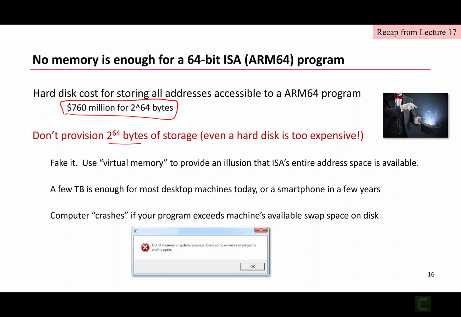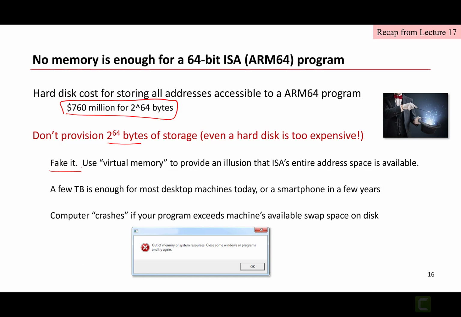So what do we really do? What can the operating system really do? Well, it just fakes it. It doesn't have space to store all of the data that you may ever want to ask for from your program, and so it just provides an illusion that you have it.